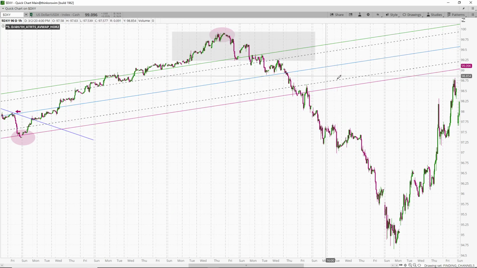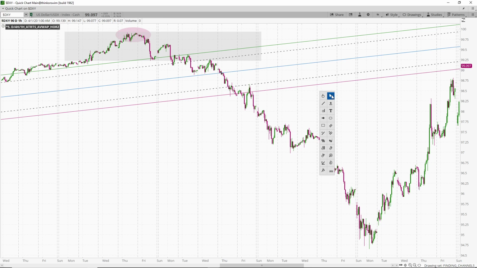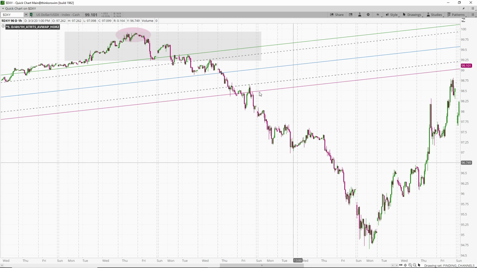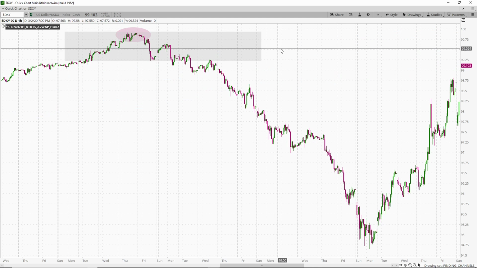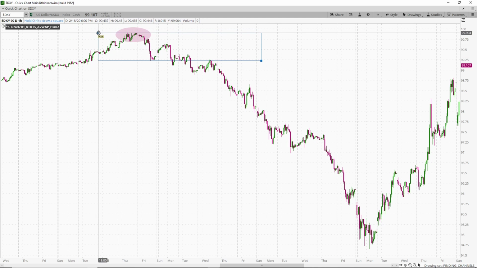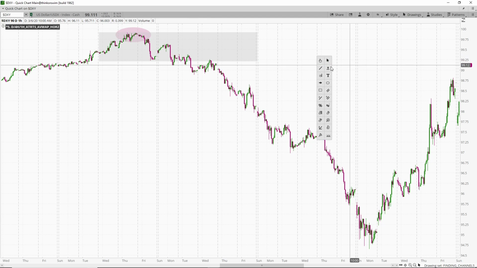So now how can we identify that this is going to change? What I like to do is extend the lines to the right by default. I have the right extension on with the channel, but they can clutter your chart up a little bit. What I do like to hold on to sometimes, though, is this extreme value high and value low trading range for future reference.